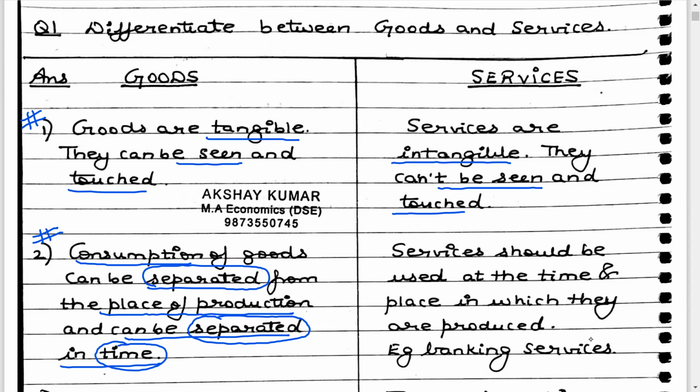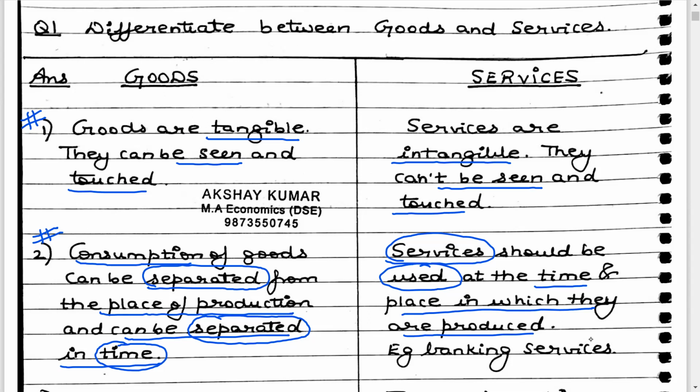On the other hand, if we talk about services, services should be used at the time and place in which they are produced. That means when we talk about services, you cannot separate them on the basis of place and time. That means a service has to be consumed only at the point of production.